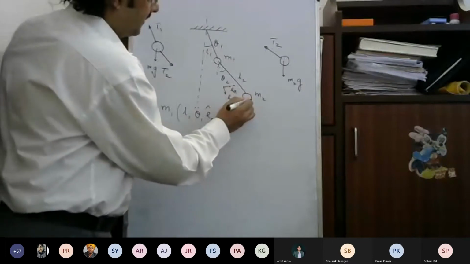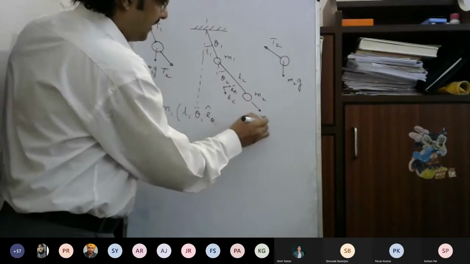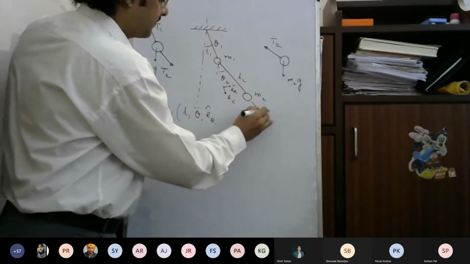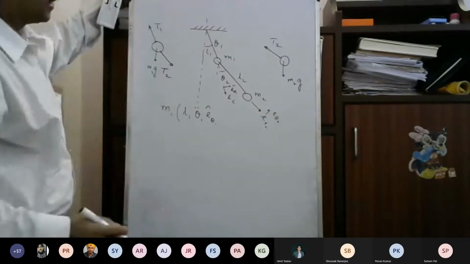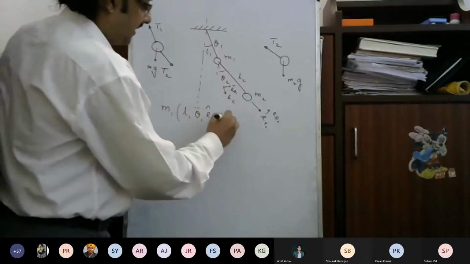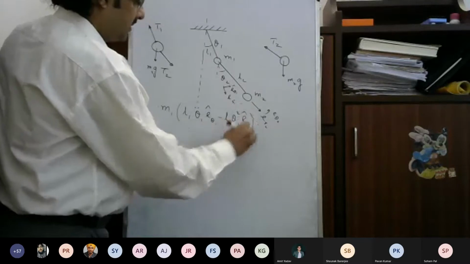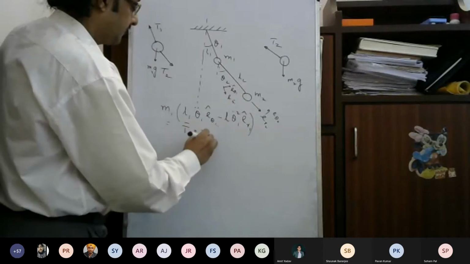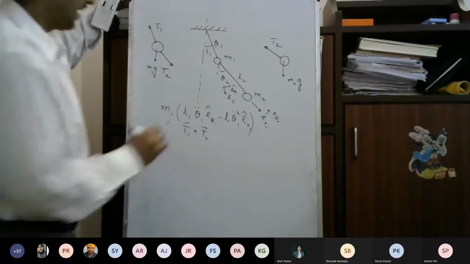Similarly here, I consider e θ2 and e R2. So m1 times L1 θ1 double dot minus L1 θ1 dot square e R1 is equal to T1 plus T2.